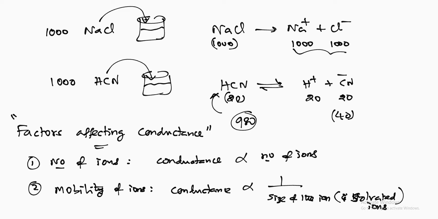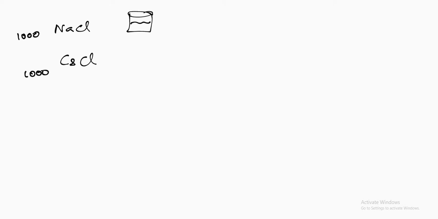See, for example, I'll take sodium chloride and I'll take cesium chloride. Students, observe carefully. I'll take 1000 molecules of sodium chloride and 1000 molecules of cesium chloride, and I'll dissolve the 1000 molecules of sodium chloride in a beaker containing some amount of water.